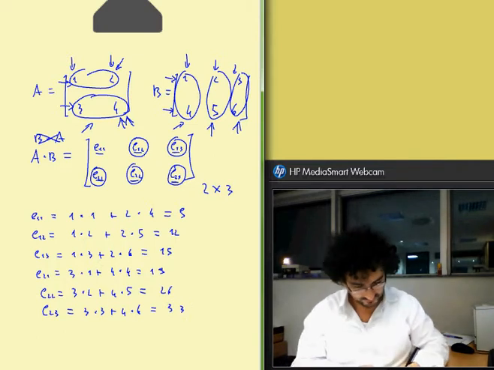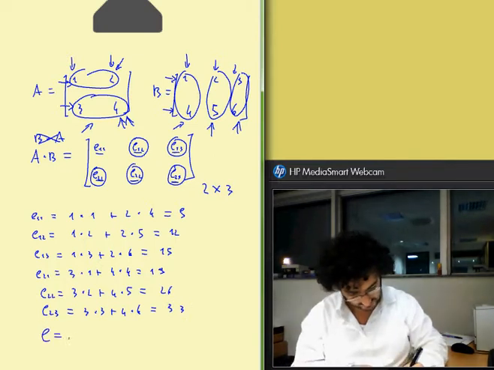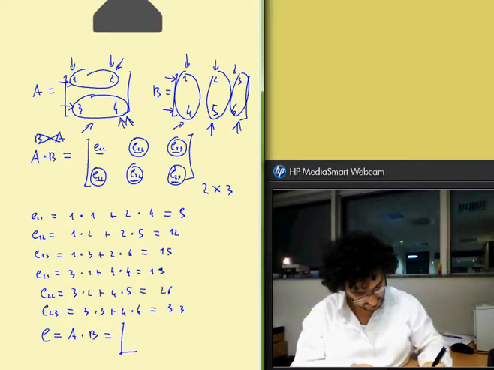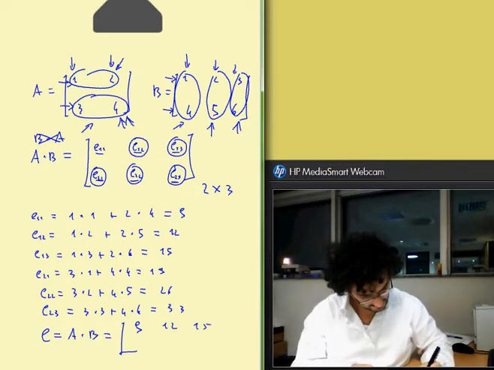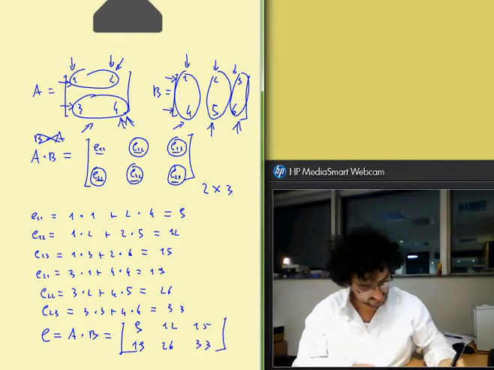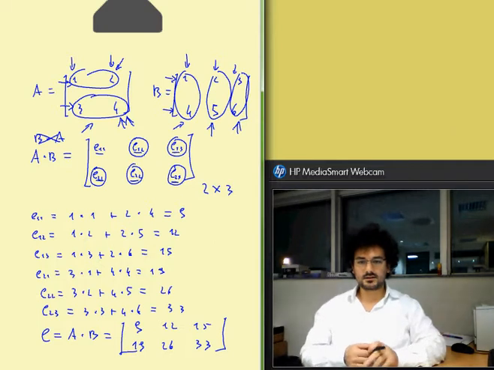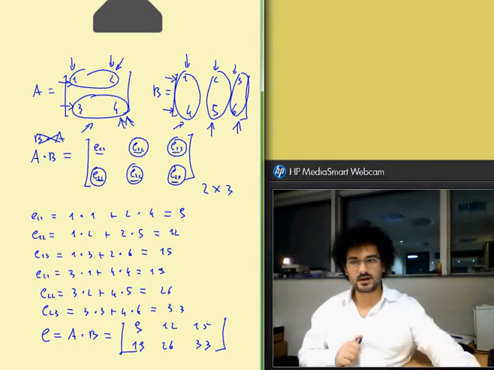So our final matrix C equal to A times B will be the matrix [9, 12, 15; 19, 26, 33]. So this is the final matrix, the product between matrix A and matrix B.